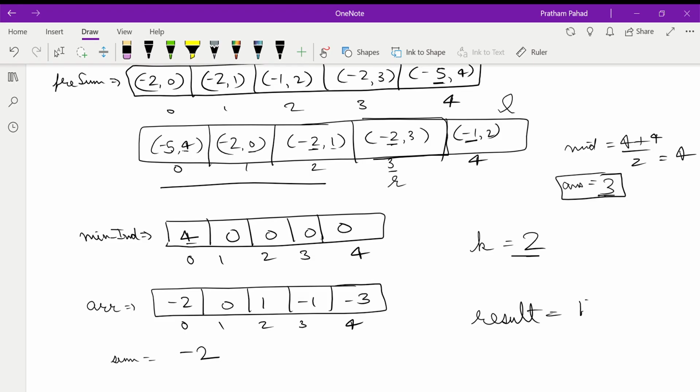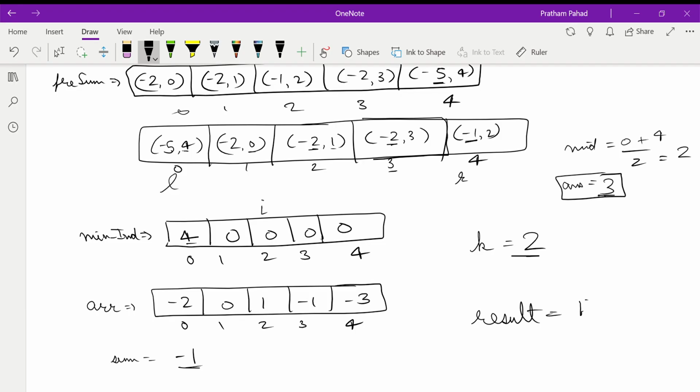Now when your i moves again, your sum will update with -1. Again do binary search for -1. Your left will come here and your right will come here. Make a mid, 0 plus 4 by 2. Check if the value is less than your value. No, it is not.